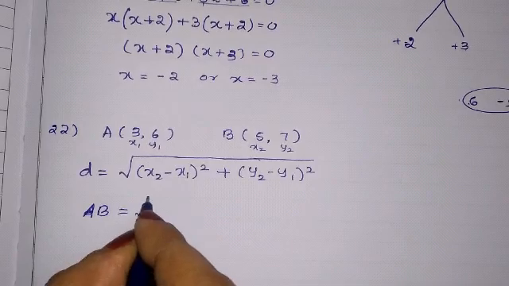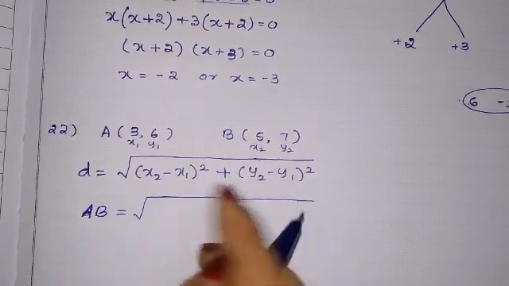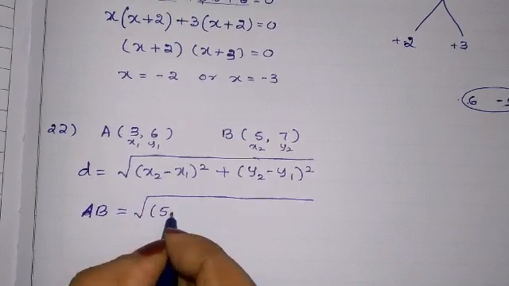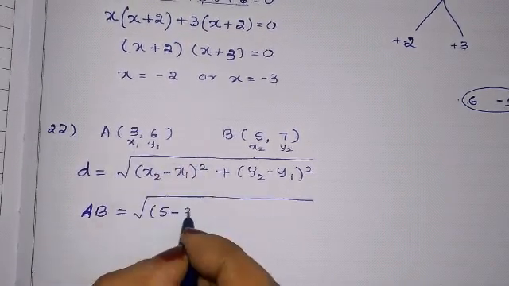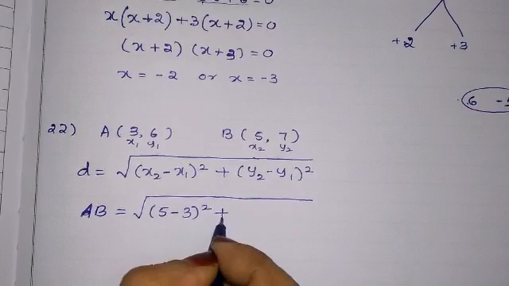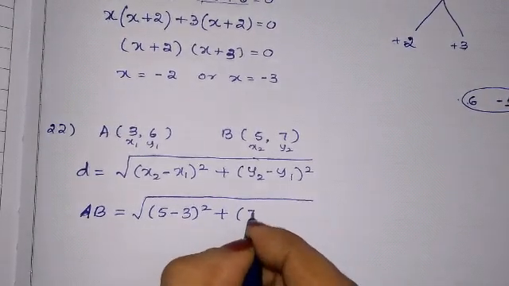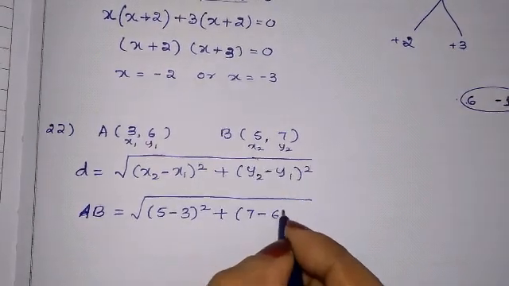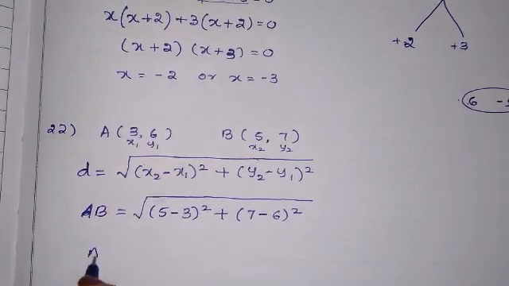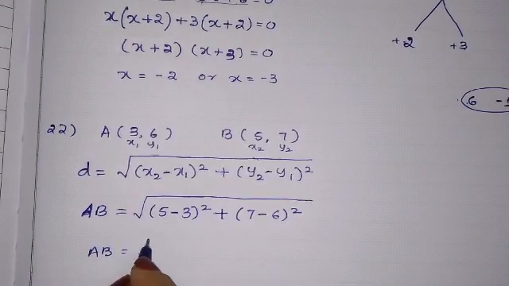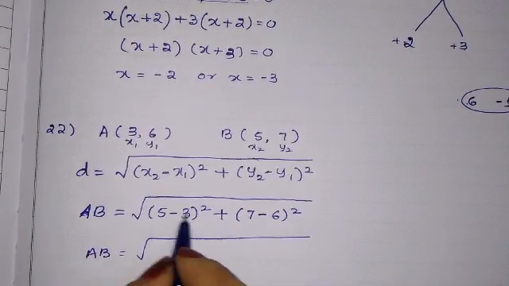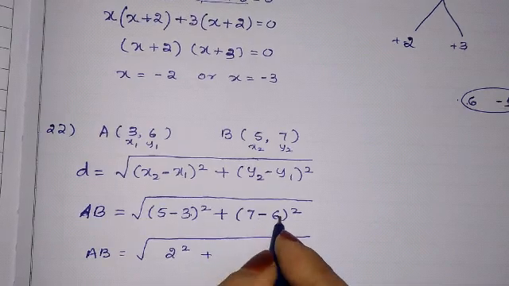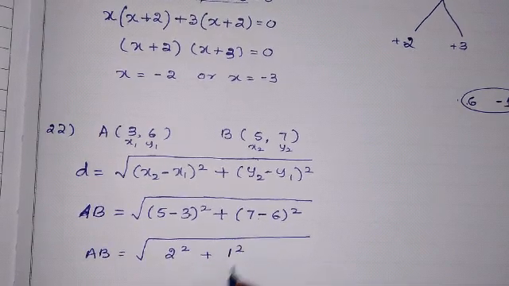Distance between A and B. So x2 value is 5, formula's minus as it is, x1 is 3 square, plus y2 value is 7, minus as it is, y1 value is 6 square. AB equal to root of (5 minus 3) 2 square plus (7 minus 6) 1 square.